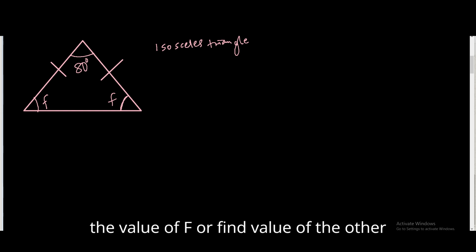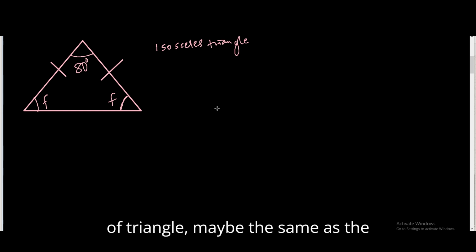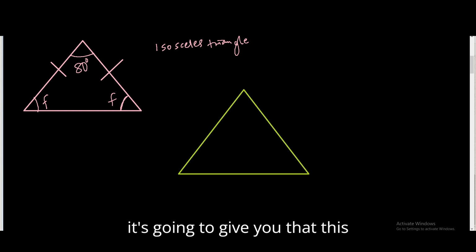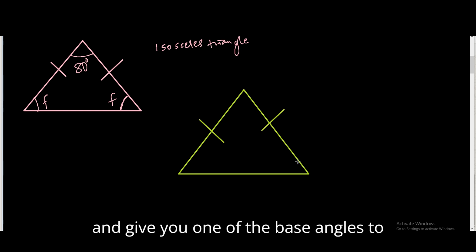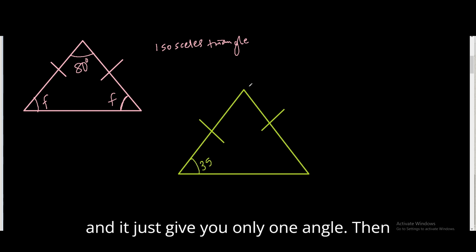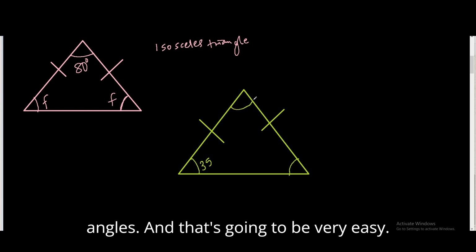Or they might give you the same isosceles triangle, but this time it's just going to give you that this side is equal to this side, and give you one of the base angles to be, let's say, 35 degrees. They just give you only one angle. Then you should find the remaining two angles. And that's going to be very easy.